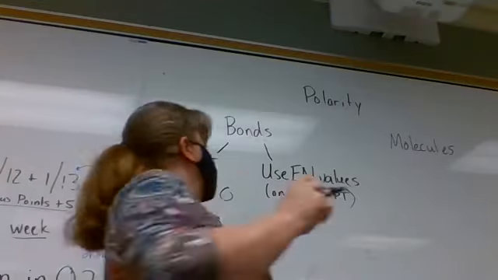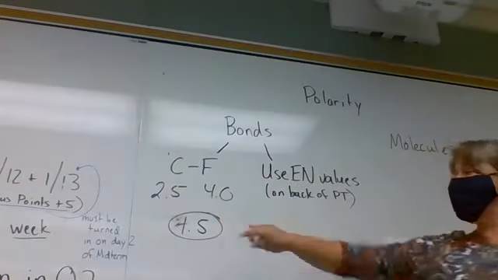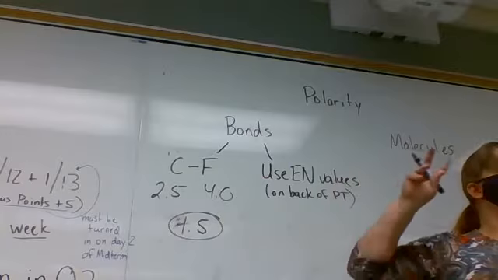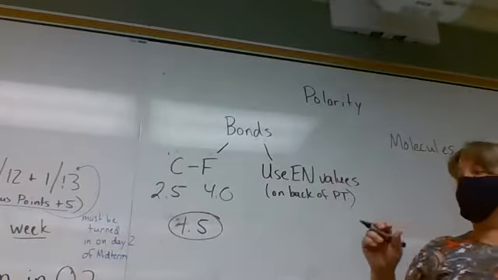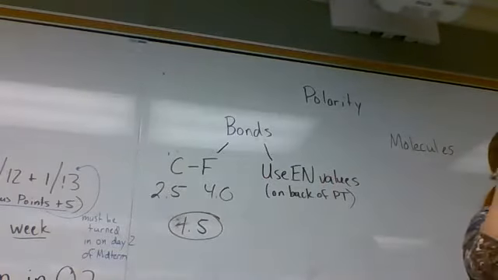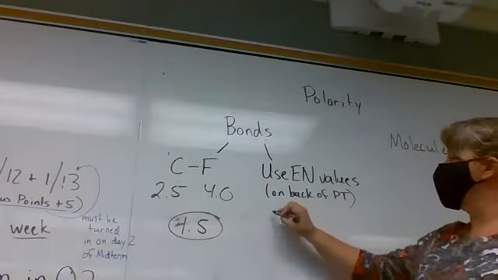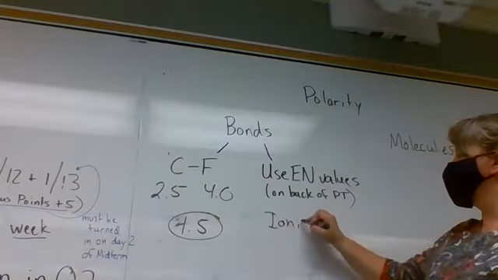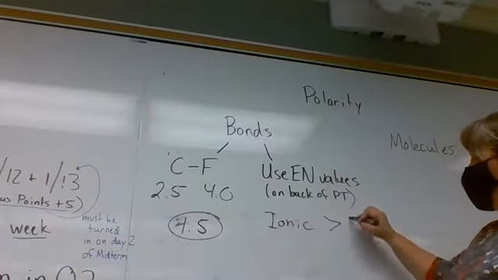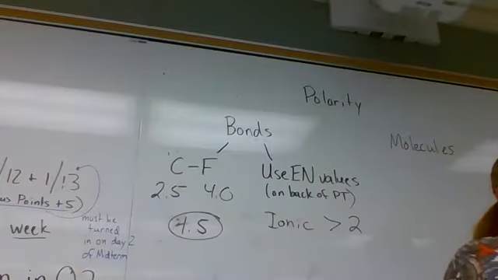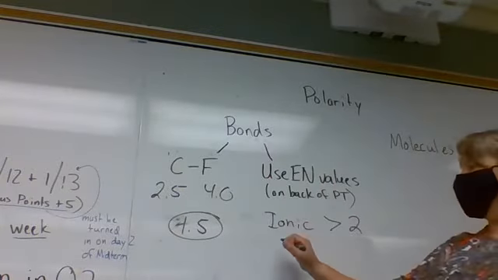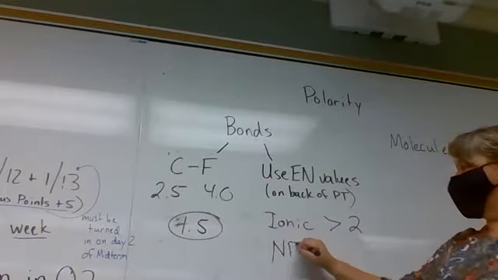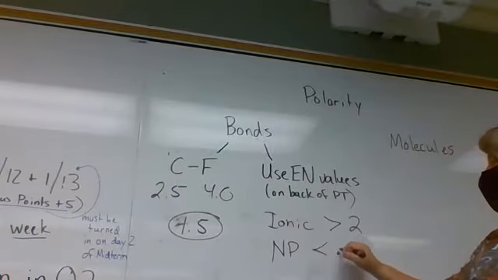Okay, so once you have your number, this is where you need to know those ranges and what they stand for. I'm going to simplify it so it's easier for you to remember. Ionic is greater than 2. Nonpolar is less than 0.5.